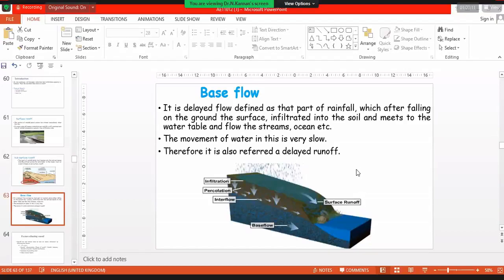Once the precipitation touches the soil and gets infiltrated, the water gets to the water table, and then moves laterally to the streams and oceans.